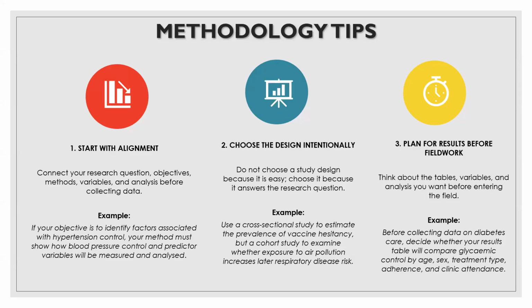Glycemic control is one of the key variables when you're talking about diabetes care. We have the HbA1c. You can't talk about diabetes care without mentioning the HbA1c. So in other words, you have to ensure that the variables you're collecting also align with the aim and the specific objective you have drafted. So you see, all these things are very, very important and critical.